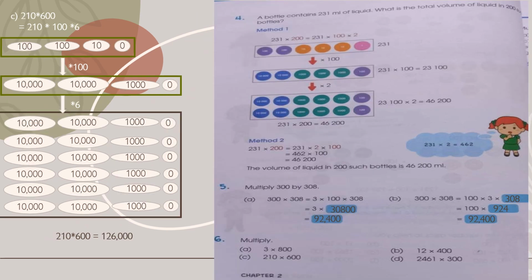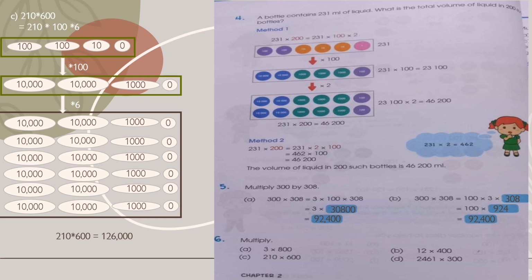In part C, we have 210 multiplied by 600. First we break up 600 into 100 into 6. For 210 we have 0 ones, 1 ten and 200. When these discs are multiplied with 100, we will have 10,000, 10,000, 1,000 and 0.